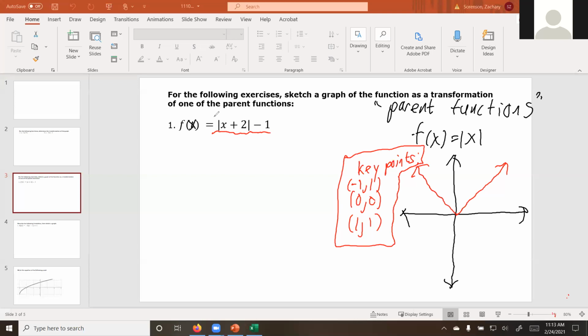So I'm going to start with just whatever's happening inside, right? That'd be order of operations. If I were to do some arithmetic on this, I would start with dealing with anything in the absolute value.